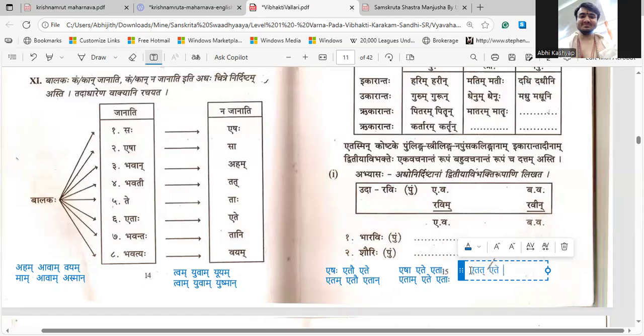We heard this in Pustakam, Pustake, Pustakani, no? Yes. So etat, ete, etani. Now Dvitiya Vibhakti is going to be the same: etat, ete, etani. Simple.